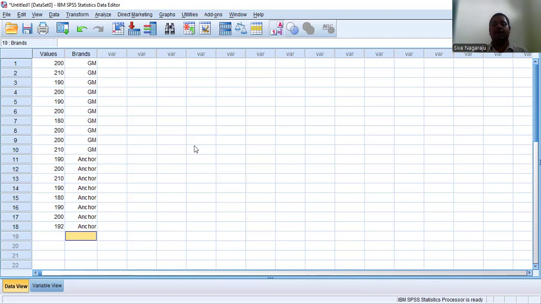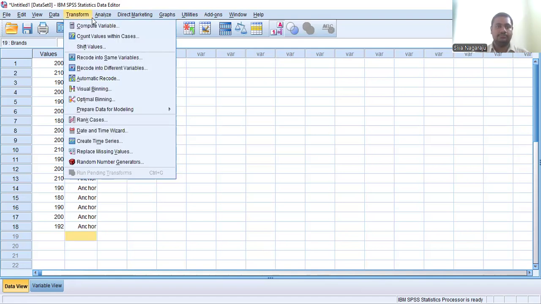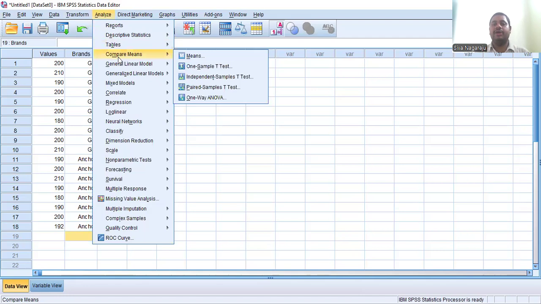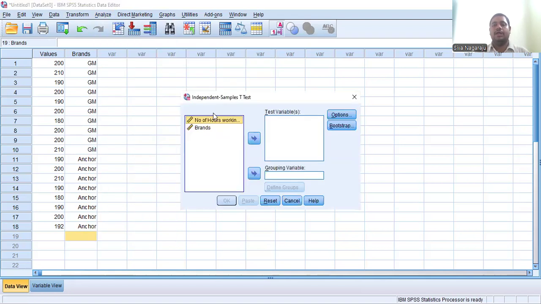Okay, now how to analyze? Go to Analyze in the menu bar. Under Compare Means, you have the independent samples t-test. Here your test variable will be the number of working hours of a plug, and your brand has to be the grouping variable.